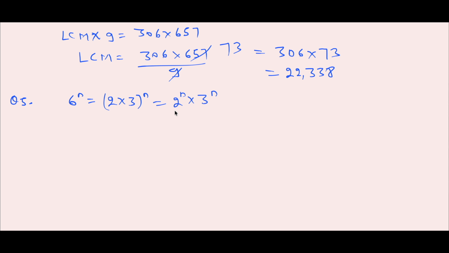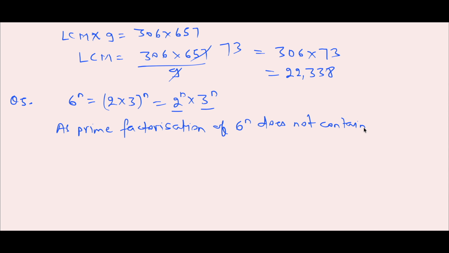But we can see that in the prime factorization of 6 to the power n, we have only 2 and 3. So as the prime factorization of 6 to the power n does not contain 5, it cannot end with 0.